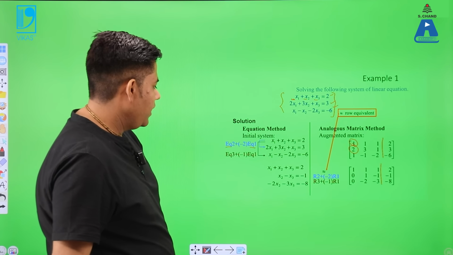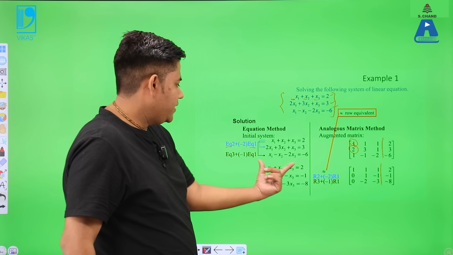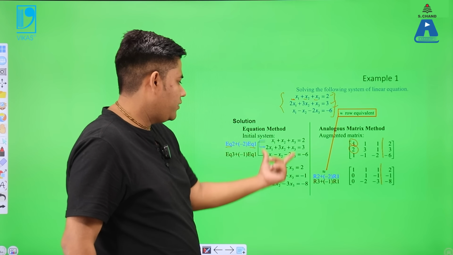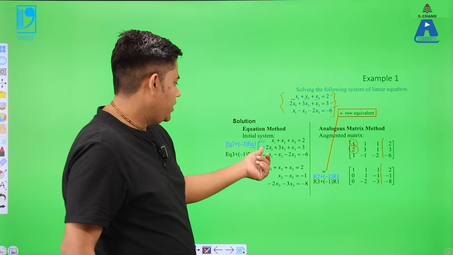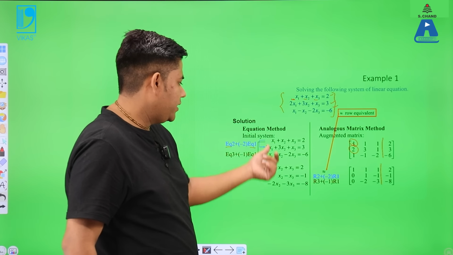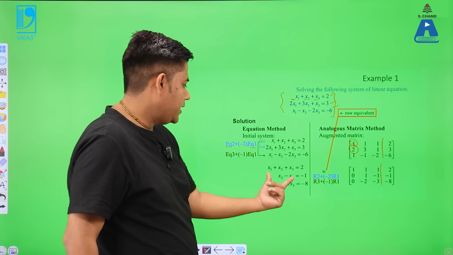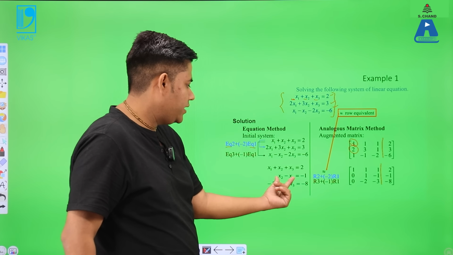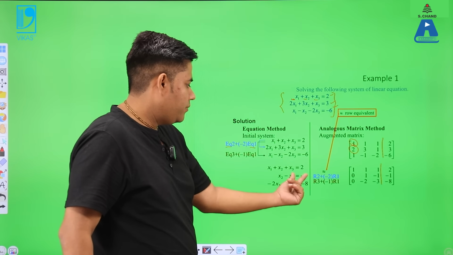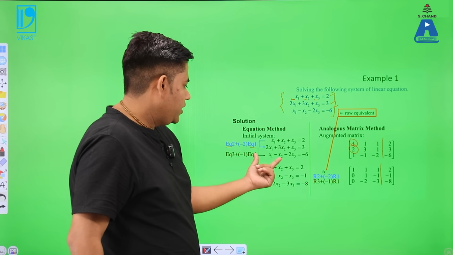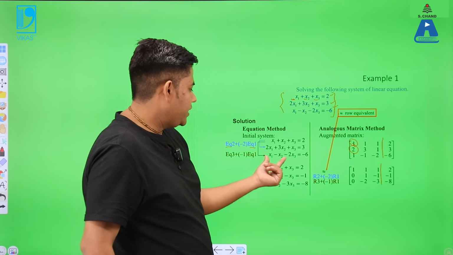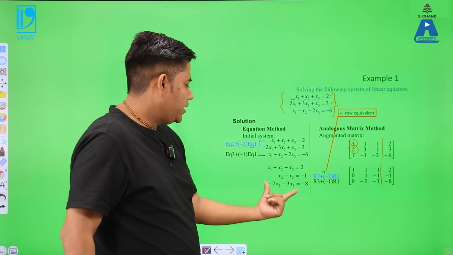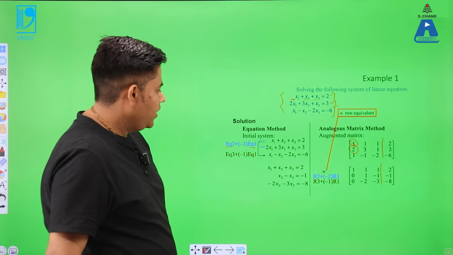You can check that the first equation remains the same because I have not done any operation on it. In the second equation, I have subtracted so that the first term gets cancelled and I am only left with the second and third coefficients and a minus 1. Then the third equation is also changed, as I have subtracted both and get this final equation.